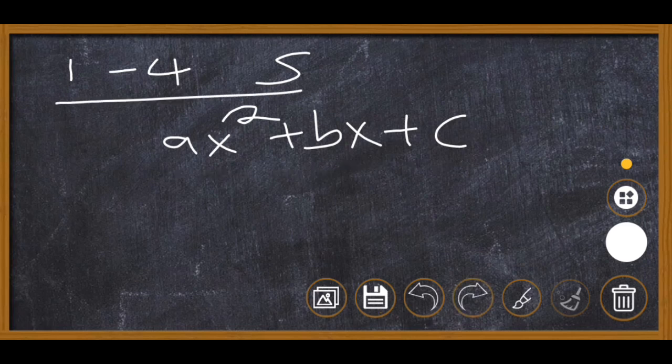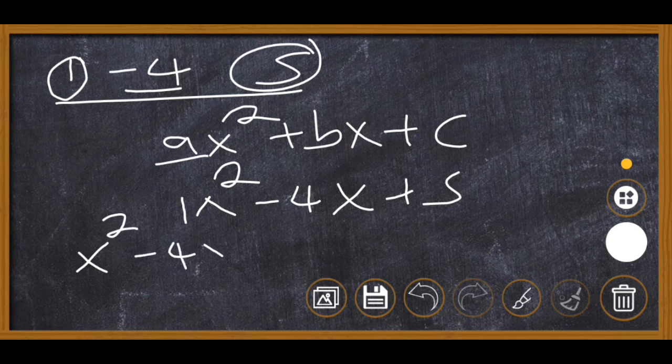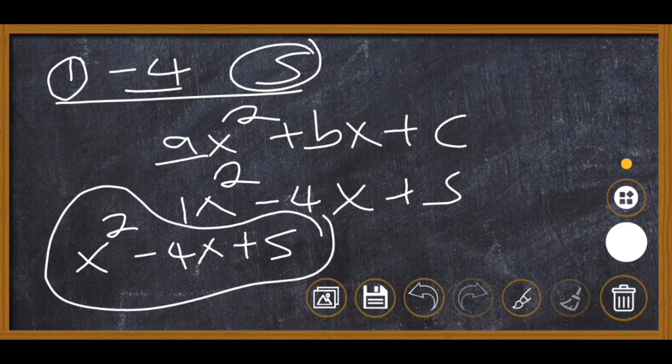So in this case, this one here will be our a, so it will be 1x squared, and this one here will be our b, so it's going to be negative 4x, and this one here is going to be our c, so it's going to be plus 5. So we have formed x squared minus 4x plus 5. So this one here is our quadratic equation.